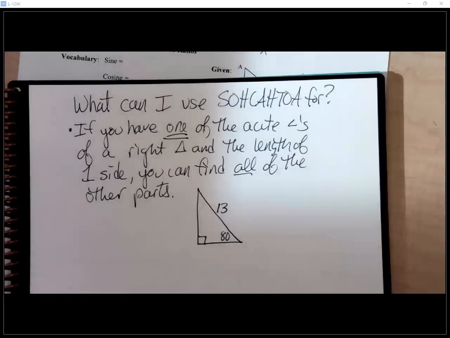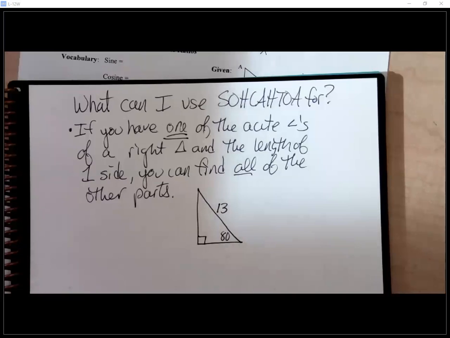If I have two sides, I can find the third using the Pythagorean theorem. But I only have one side, so I can't use the Pythagorean theorem here. Right now, I don't have any other skills to find the other two sides, but Sohcahtoa is the key I've been looking for to unlock this door.